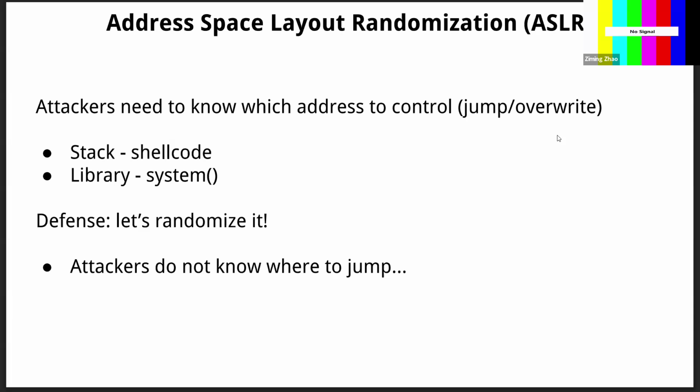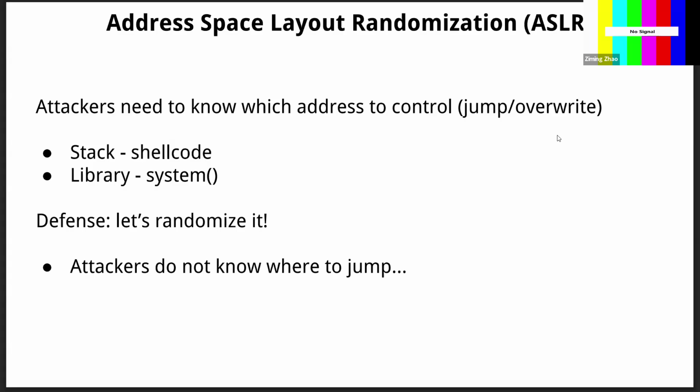That can be several kilobytes or even megabytes. So even if you randomize things, you still have a very high chance to land somewhere in the NOP sled. So for that case, this defense is not really very helpful. However, think about attacks like return to libc or return to any other function in the address space.